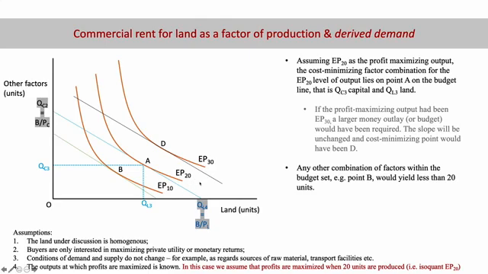So the line will move parallel, and the firm will require a greater budget if EP30 was the profit maximizing output. But we are not considering that, because we are assuming that EP20 is the profit maximizing output.